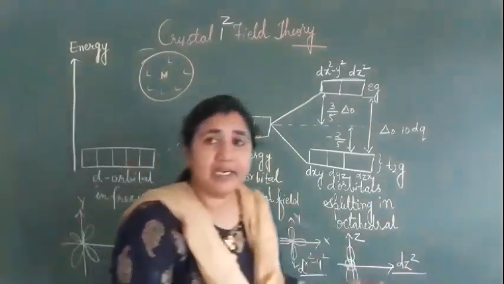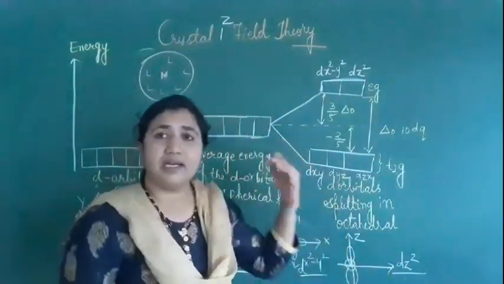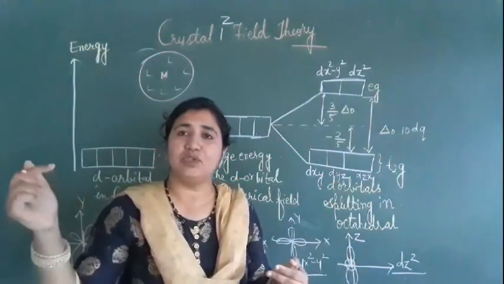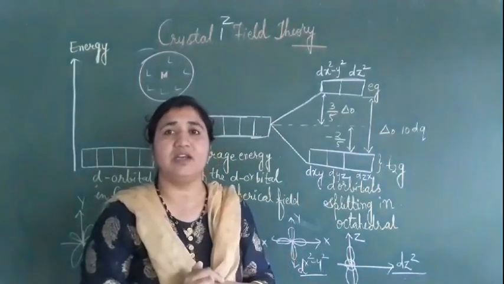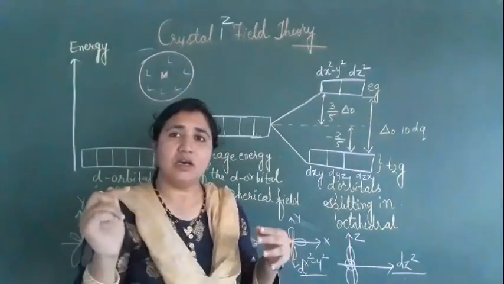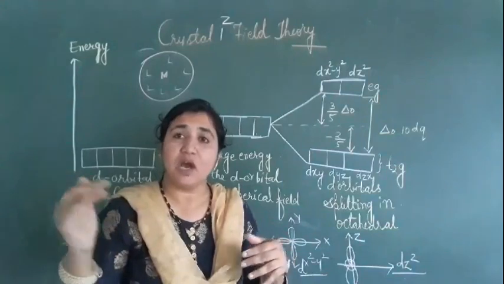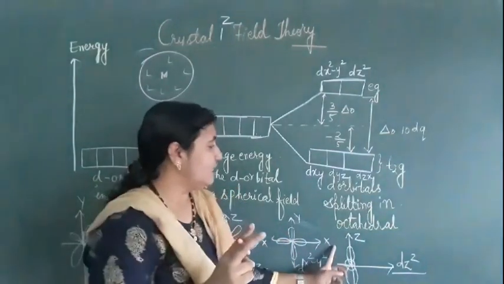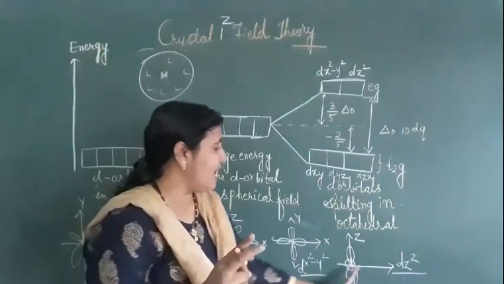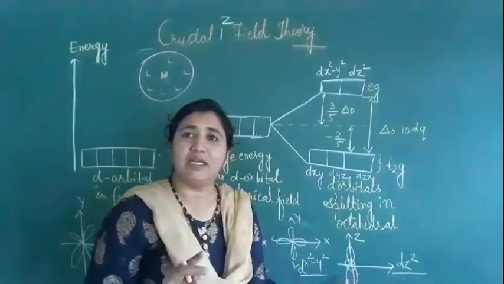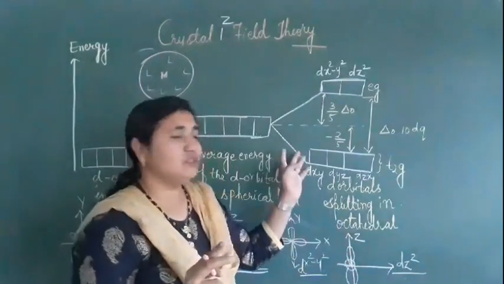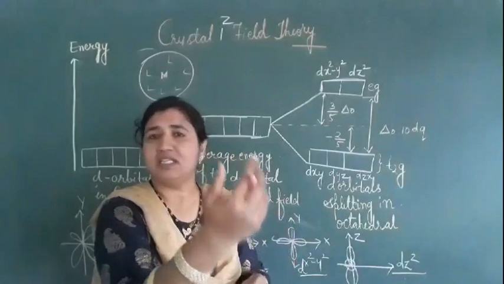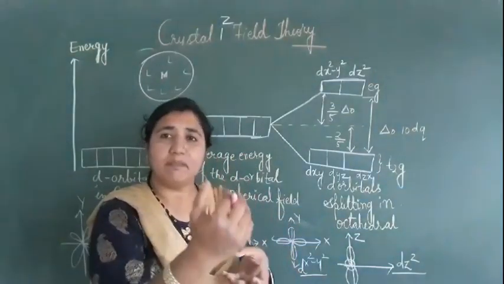But in the octahedral field, what will happen? The ligands approach along the axis. All the 6 ligands are approaching along the axis. So along the axis we have two orbitals, dx square minus y square and dz square. Due to that, the electrons present in the d orbital and the electrons in the ligand orbital repel each other.